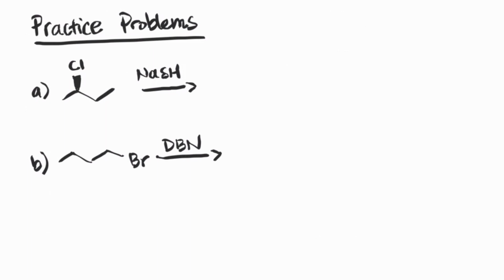All right, so in practice problem A here, we have an alkyl chloride reacting with NaSH. So the first thing you want to take note of is your reagent. So that SH, how would you categorize it? It is only going to act as a nucleophile. All right, and the second thing you want to do is classify your alkyl halide. It is a secondary alkyl halide.